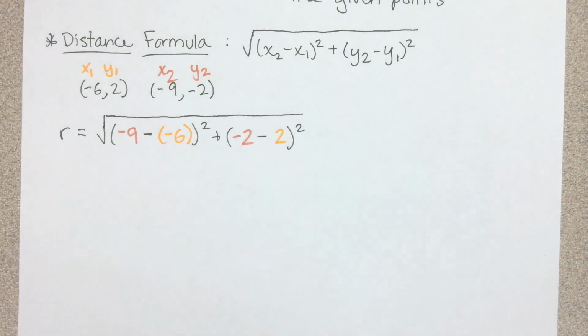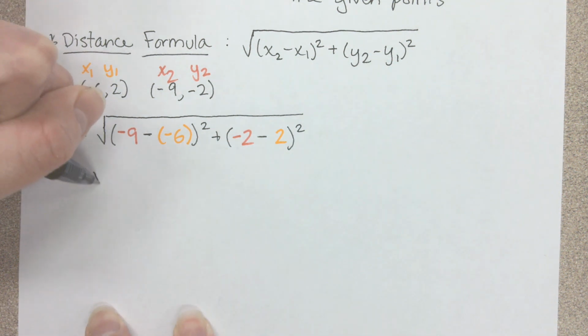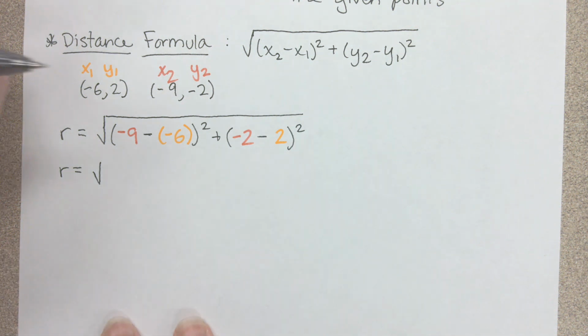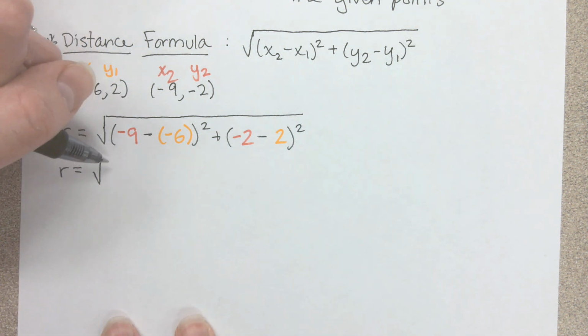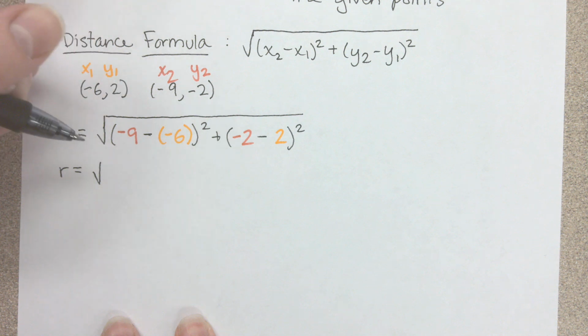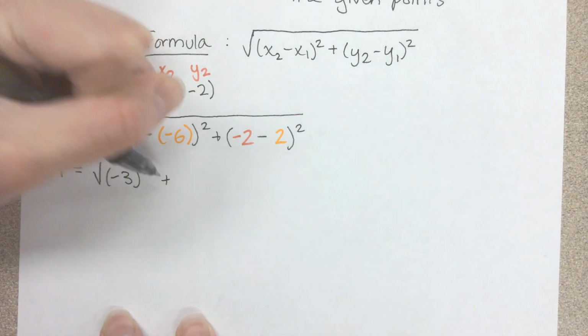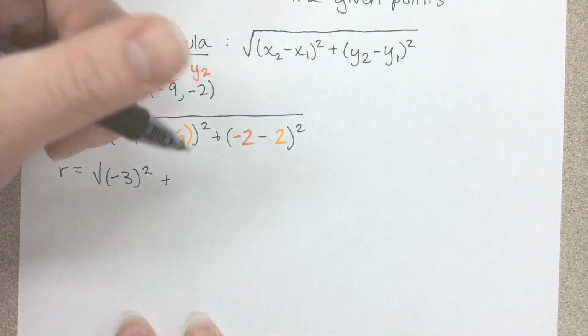Now you're welcome to type that entire thing into your calculator if you like, but I like to shorten it just a little bit before I do that. R equals -9 minus -6. Of course, we're going to turn that into a plus. That's going to become -3 squared. Plus -2 minus 2, that's -4 squared.